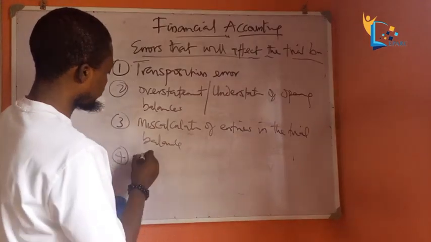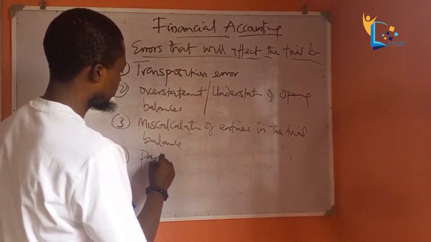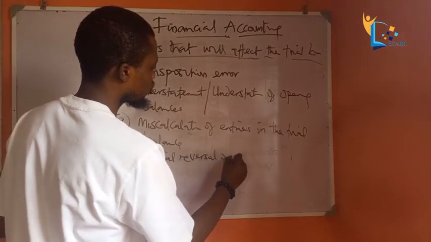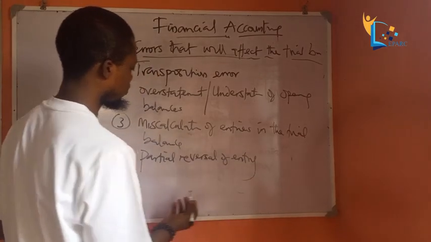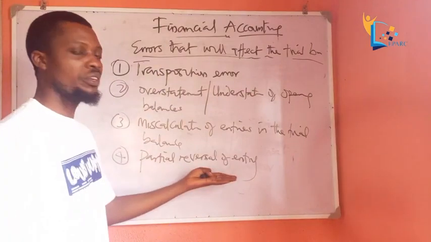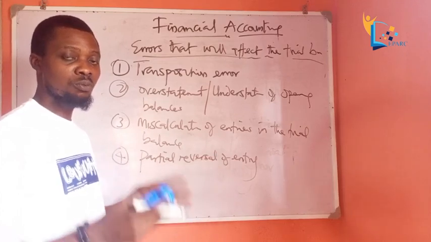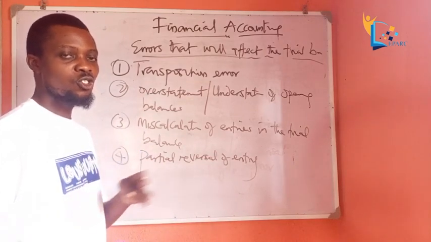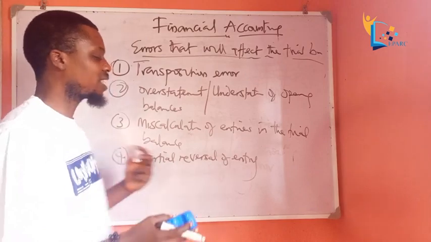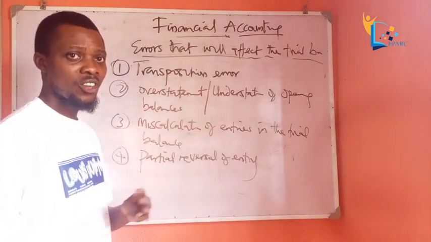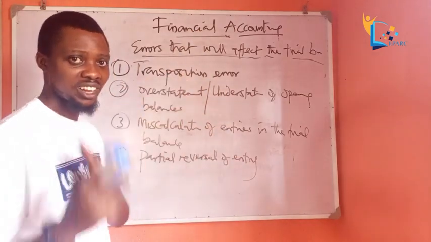We also have partial reversal of entry. This is when, you know, the double entry principle: every debit entry must have a corresponding credit entry. So instead of you to carry out the double entry principle, you went and do debit or credit.